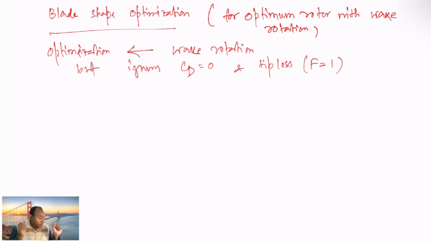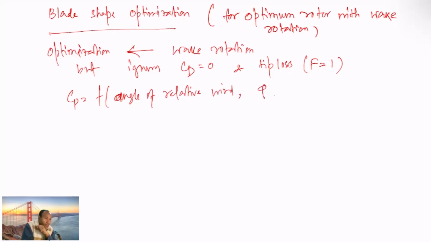So you can find out the optimum one by taking the partial derivative of the integral of the CP, which is the power coefficient. Essentially, the CP is a function of the angle of relative wind, phi, flow angle, and other things.